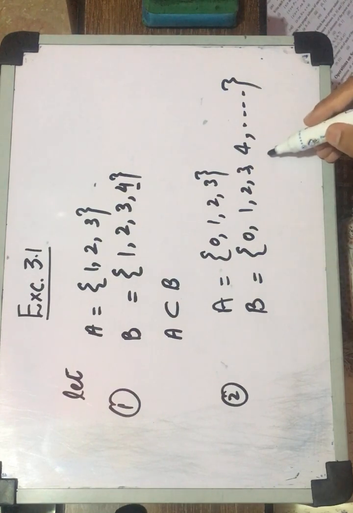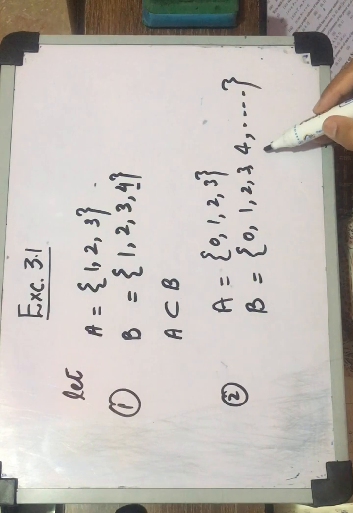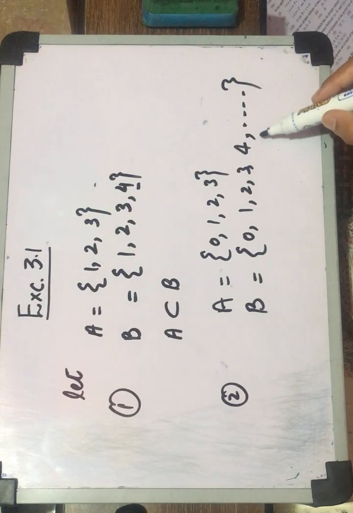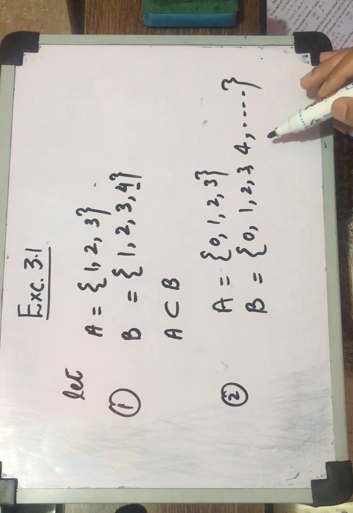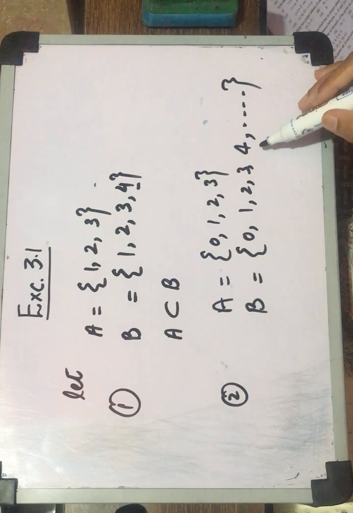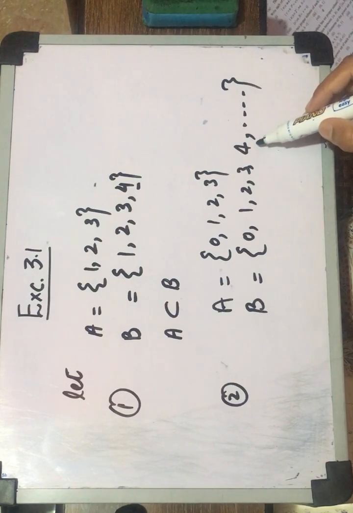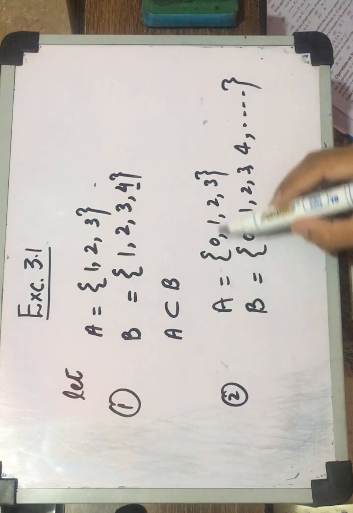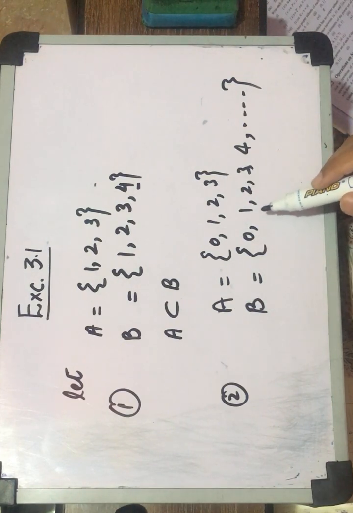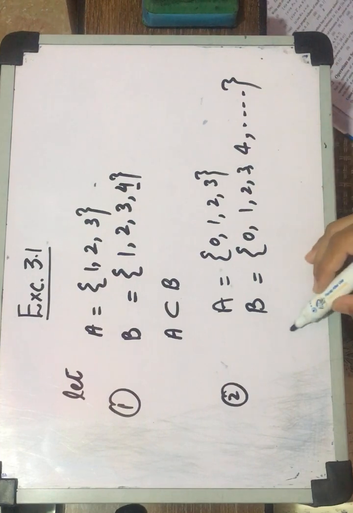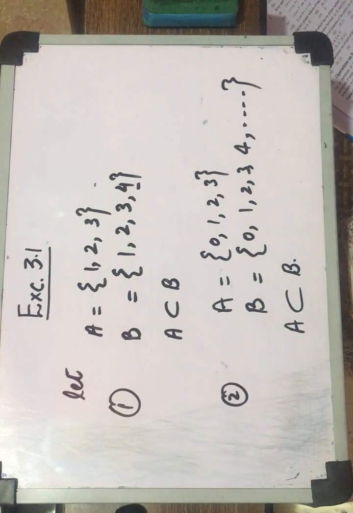It is clearly seen that every element of set A is contained in set B, but there are some elements, 2 or more than 2, that are not elements of set A. Then we can say that A is a proper subset of B.